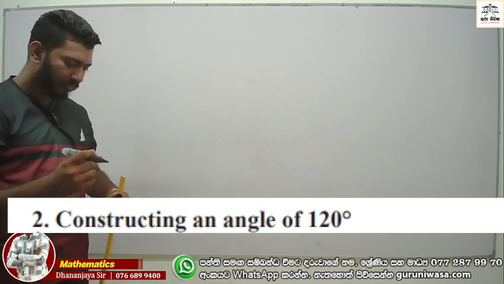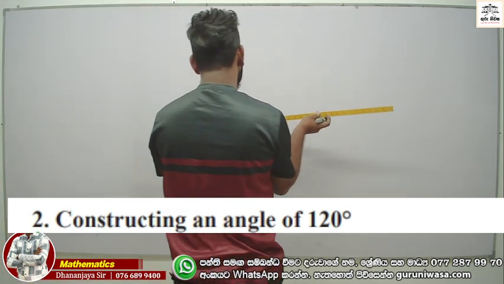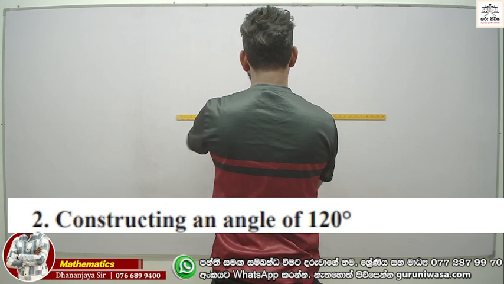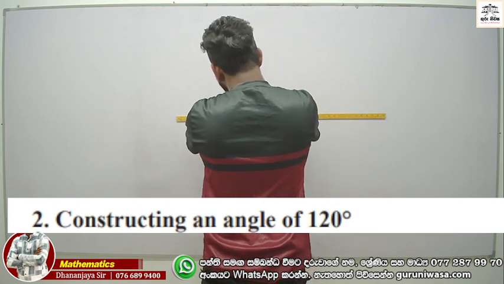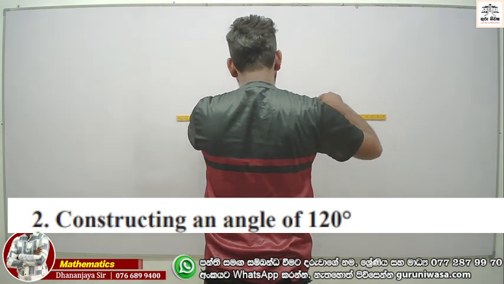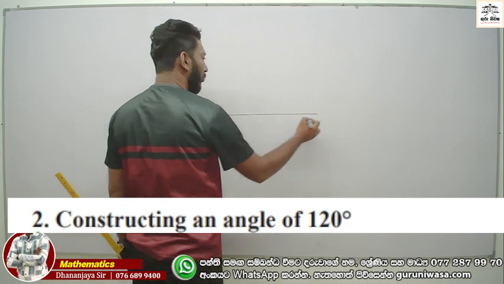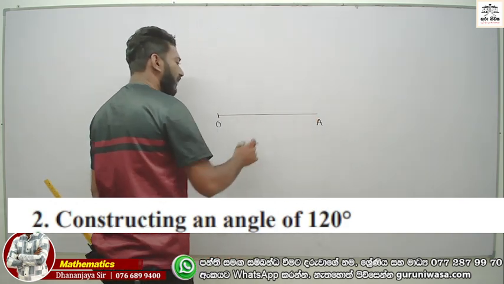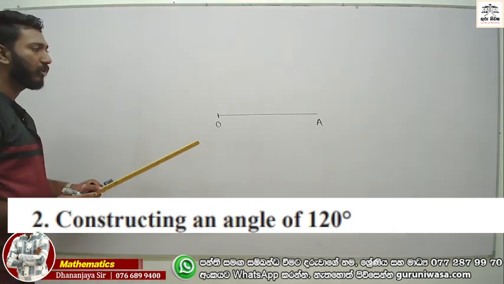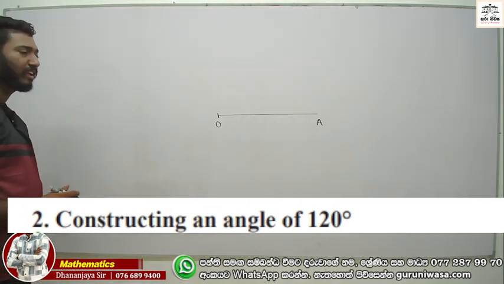Now listen. This was very easy. Now I am going to draw firstly a straight line and mark it OA. This is a straight line OA and this is the arm of the 120 degrees angle.